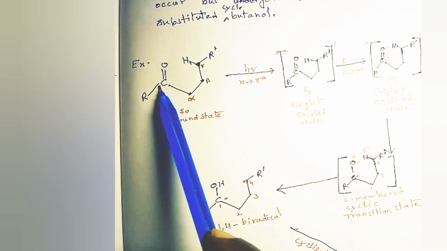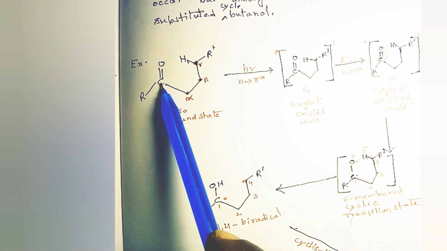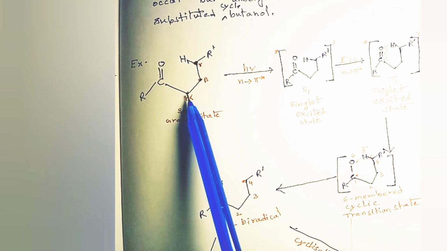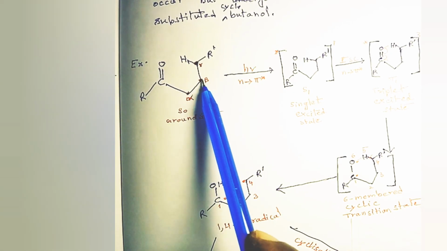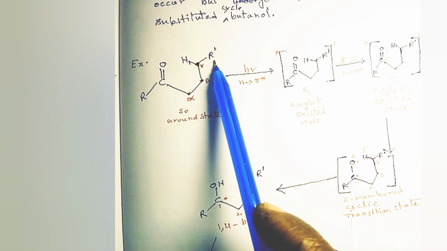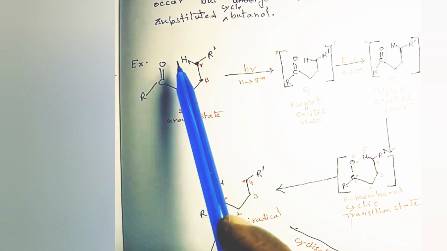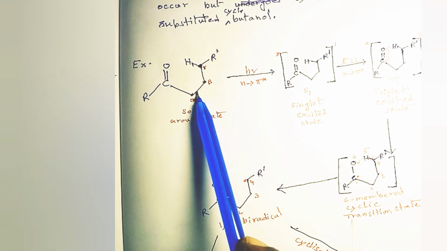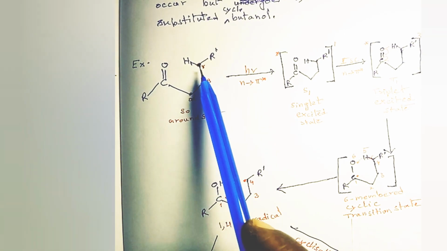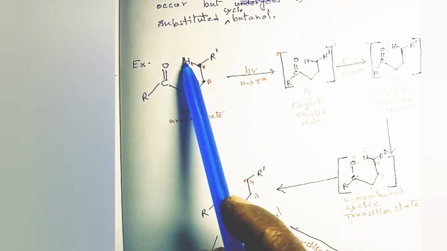This is a carbonyl system: R C double bond O, CH2, CH2, CH, R prime and H, the gamma H. This is the alpha carbon, this is the beta carbon, this is the gamma carbon. So this is the gamma hydrogen.